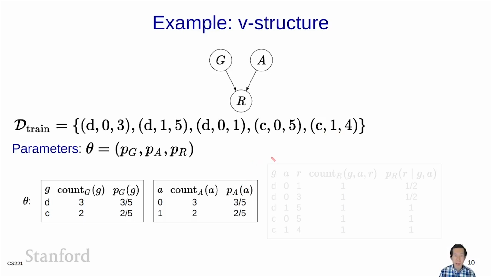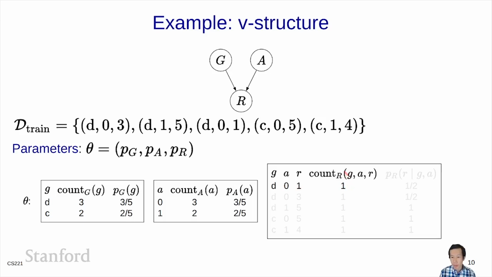And now the big local conditional distribution is P of R given G and A. So here I'm going to look at the parents of R and R itself. I'm going to count the number of times this local configuration happens. So I have D01 showing up once, D03 showing up once, and D15 showing up once, and each of these showing up once.